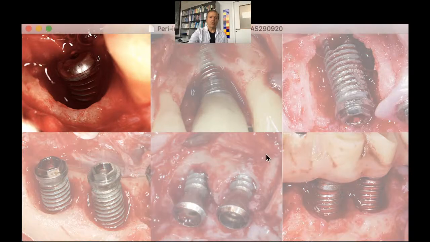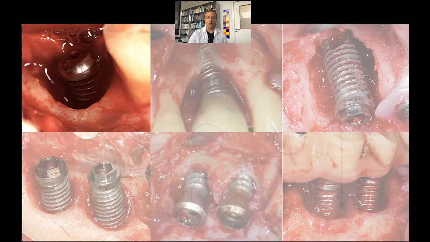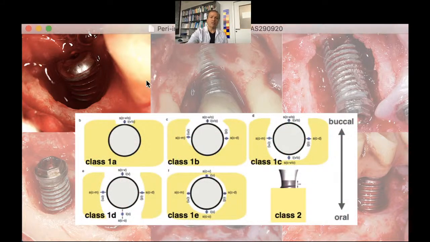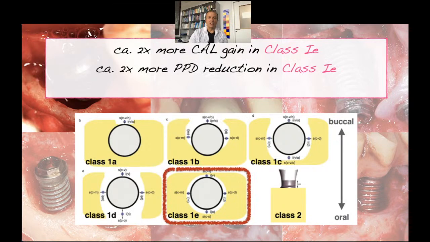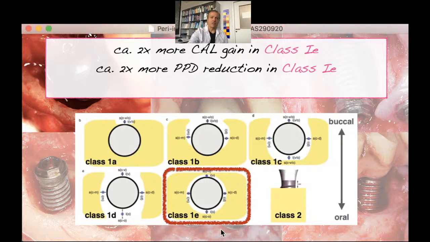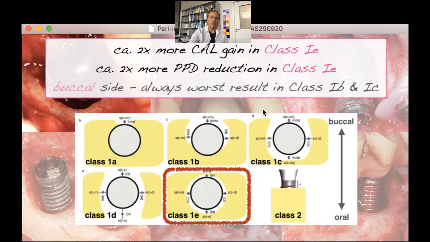And indeed, it's true that in a study where a regenerative approach was followed, the authors could see that circumferential defects, or class 1E defects as they are classified according to the Schwarz and colleagues paper, had a significantly better response in terms of clinical attachment level gain, so 2 times more clinical attachment level gain and 2 times more probing pocket depth reduction in these circumferential defects compared to defects where one of the bone walls was missing.